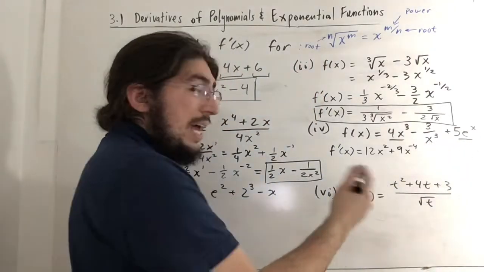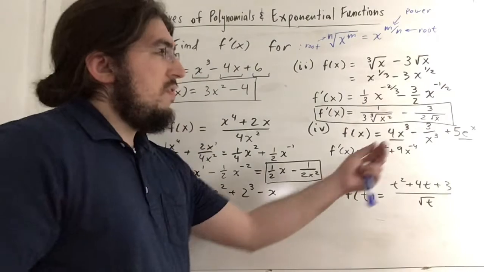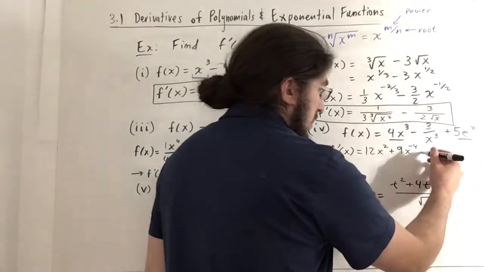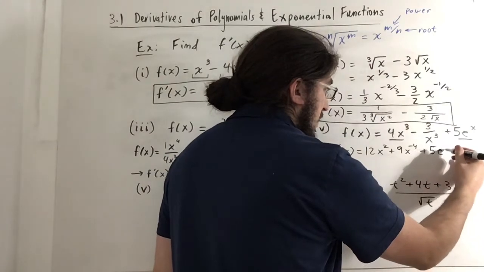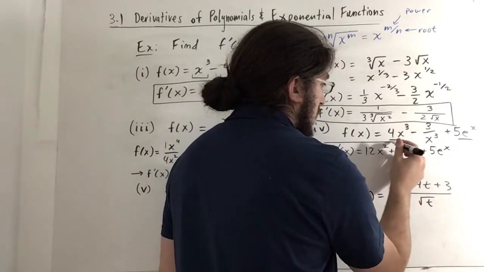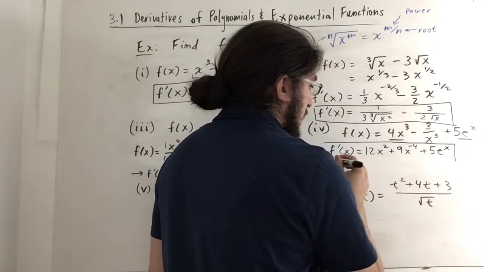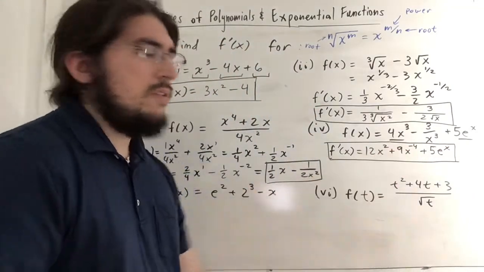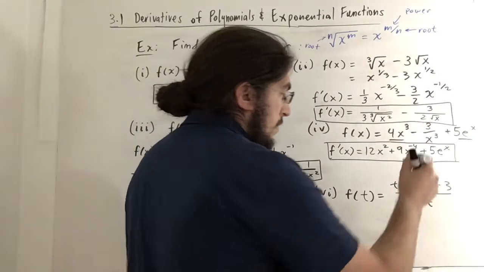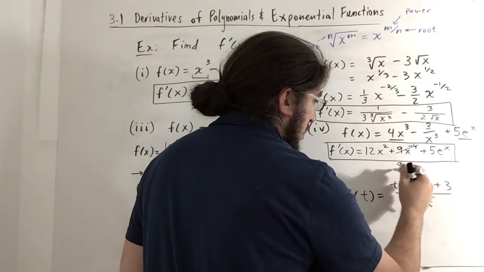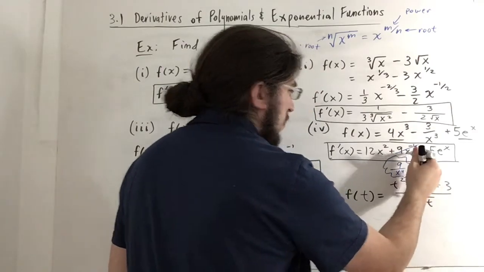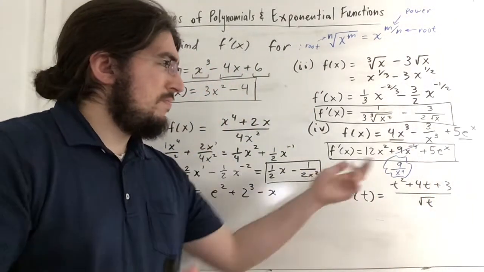And then finally, the last term, the derivative of 5 times e to the x is 5 times derivative of e to the x, which is just itself, 5e to the x. And that's it. Again, you can write this as 9 over x to the 4 if you like. So I'm going to write that in blue, writing this as 9 over x to the 4. So if you want to write it with no negative powers, it's as simple as that.